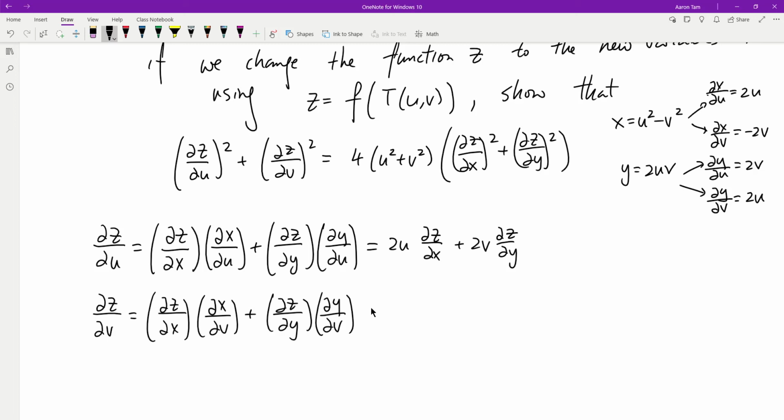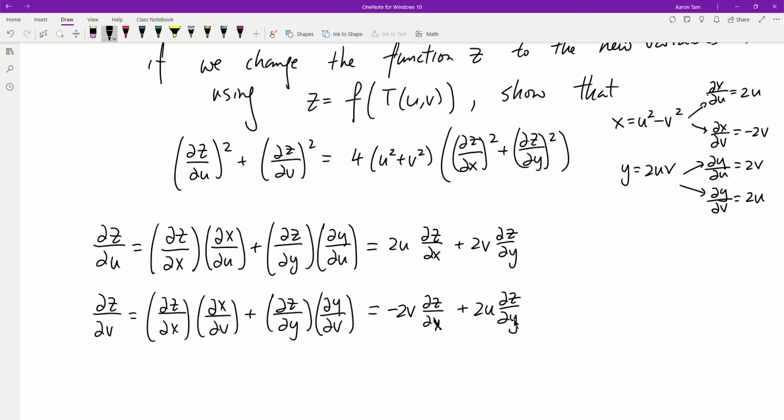Now I'm going to do the second one the same way. dx over dv is negative 2v, so negative 2v dz over dx, plus dy over dv is 2u, so 2u dz over dy.